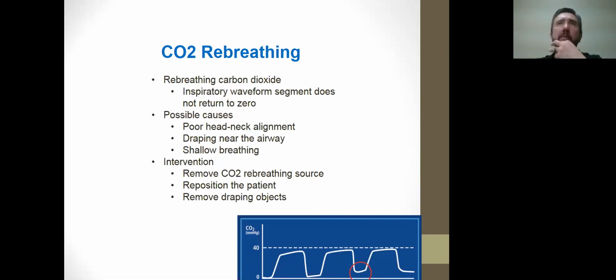That rebreathing produces a gradual elevation of the baseline and end-tidal CO2, and that can be caused by a malfunctioning inspiratory valve on the ventilator. Other causes could be incomplete inhalation or exhalation, where the CO2 is not getting completely washed out on inhalation, or there's air trapping, or rebreathing CO2 from a vent circuit problem as well. Okay.